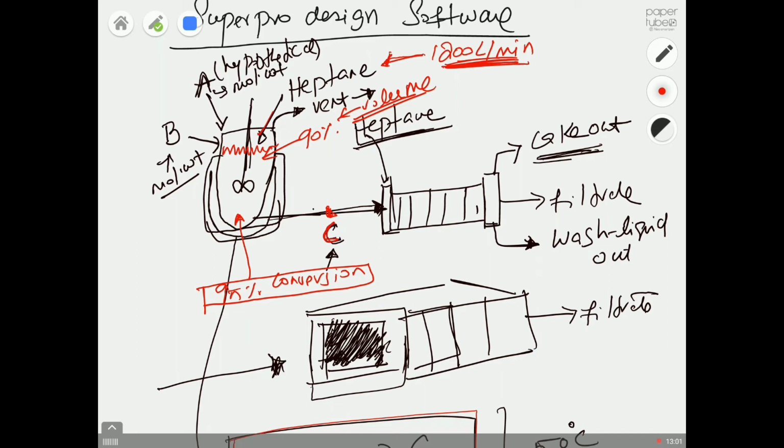No, sorry, this is not correct. So we are going to load 1200 liters into the reactor at a rate of 30 liters per minute.